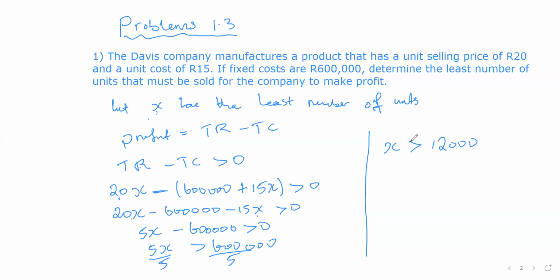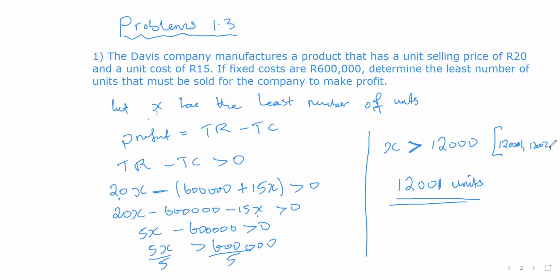Okay, so X is greater than 12,000. Therefore the least number of units should be 12,001 units, because this is the very next number. X greater than 12,000 tells me that X takes values from 12,001, 12,002, and so on.